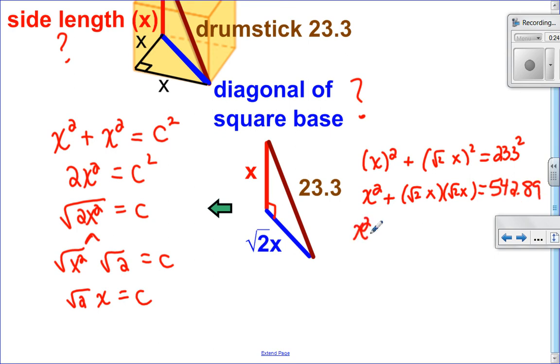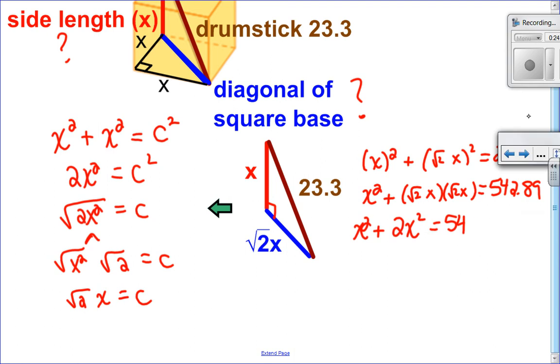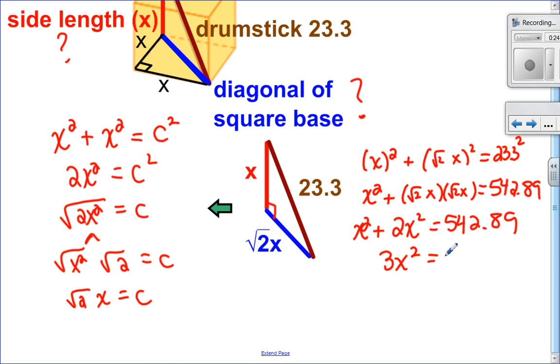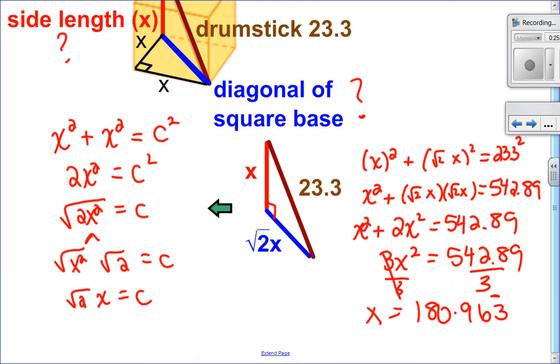Okay, so let's keep going. x squared plus root 2 times root 2 is just 2, and that's 2x squared. So altogether, this is 3x squared equals 542.89. To solve for x, I'm going to divide both sides by 3. And x squared is going to equal 180.96, and then the 6 is repeating.